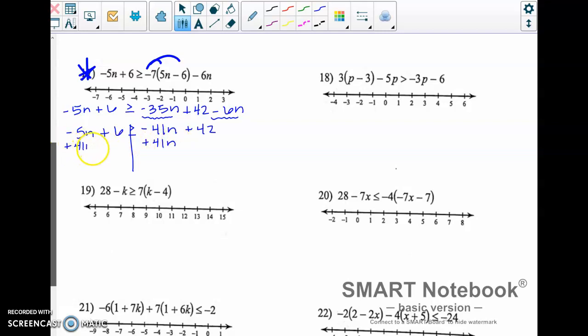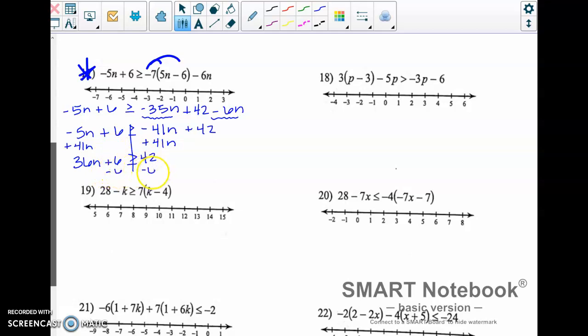If I add 41n to both sides, I'm left with 42. The symbol has not changed because I've not done anything that would require that to change. -5n plus 41n is 36n plus 6 is greater than or equal to 42. At this point, I'm at a two-step solving. I'm going to get rid of addition and subtraction first.